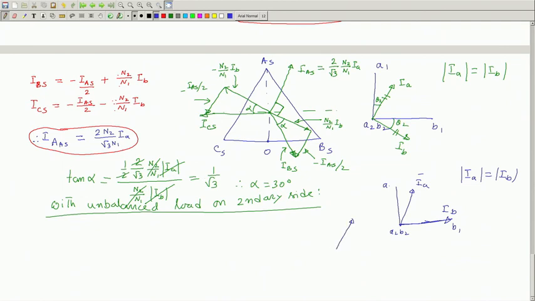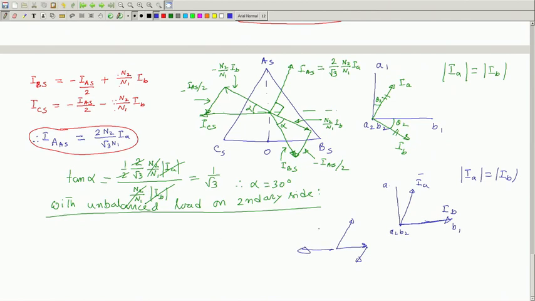I will just indicate it. Similarly, N 2 by N 1 into I B, this time it will be like this, and minus I A S by 2 if you join. I will just indicate it, it is your duty to study that.